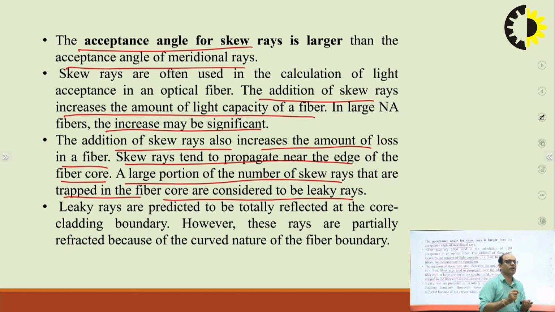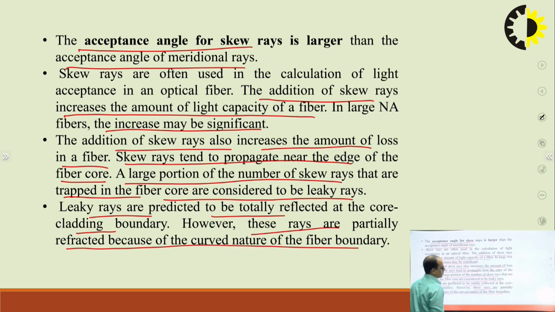So at that point, the thickness of the cladding is most important, so that the information cannot be leaked out. Leaky rays are predicted to be totally internally reflected at the boundary, and these rays are partially reflected because of the curved nature of the fiber core.